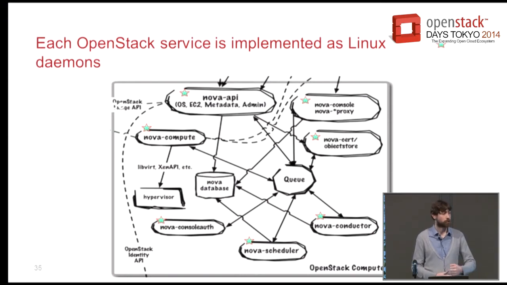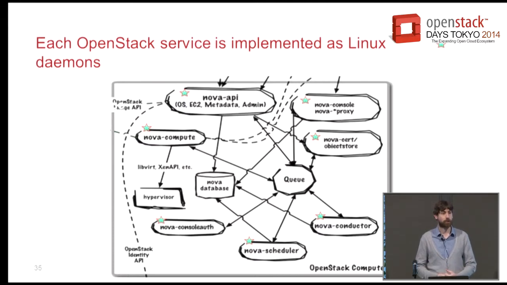And the Nova Compute service, you can see next to that, is used to coordinate what goes on in the hypervisor. The Nova Console Auth, Nova Console, Nova VNC Proxy, and Spice Proxy services are used to provide a way for the user to access the console of the virtual machine and the VNC information without having access to the hypervisor for security reasons.